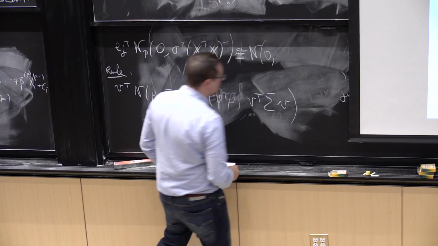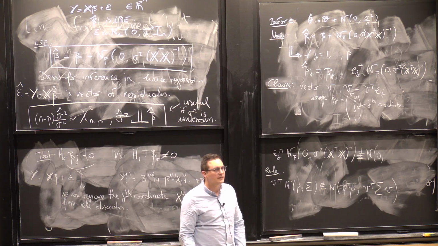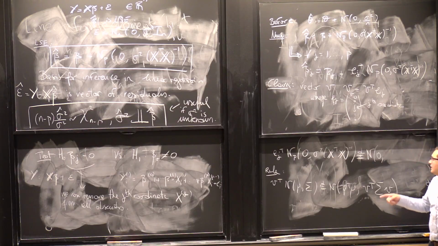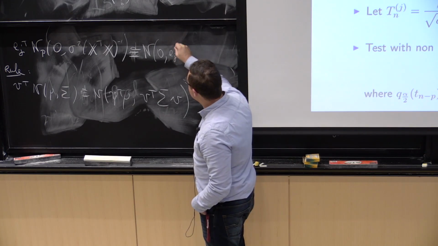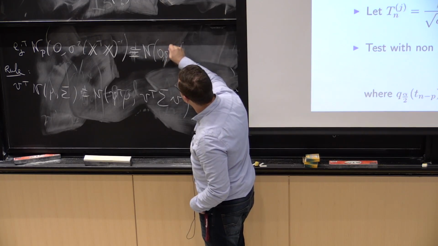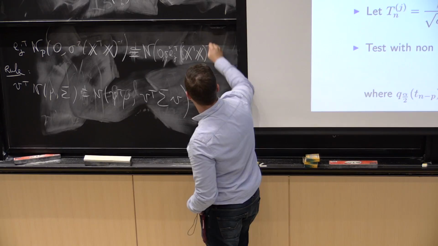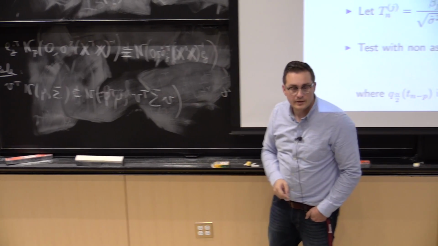That's just a property of Gaussian vectors. So what do we have here? Well, ej plays the role of v, and sigma squared x transpose x inverse is the role of sigma. So here I'm left with ej transpose, and let me pull out the sigma squared here.